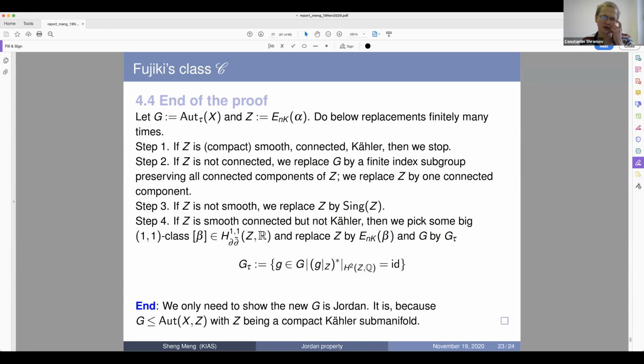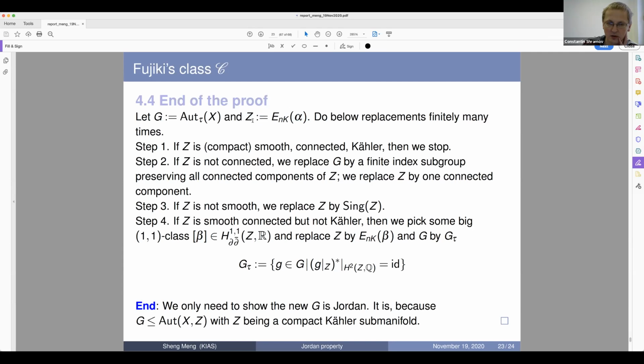Sorry, can you comment? I think that step 4 is the main step. How did we know that Z doesn't coincide with X? Maybe it's totally elementary, but Z does not coincide with the whole X. What do you mean by coincide? It's some subvariety of X. First, Z is a subvariety of X because we take this one.